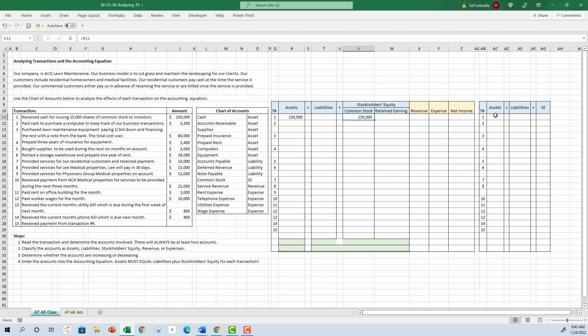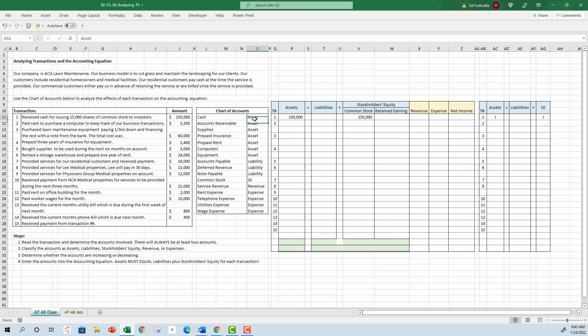Transaction 2. We pay cash to purchase a computer to keep track of our business transactions, $3,500. The 2 accounts involved are cash and computers. Both accounts are assets. In the case of computers, the asset is increasing because we're buying the computer.